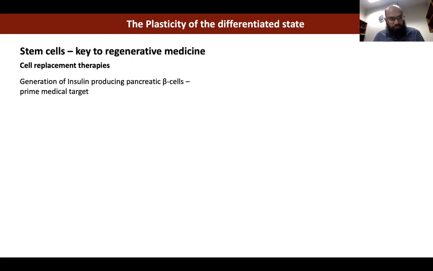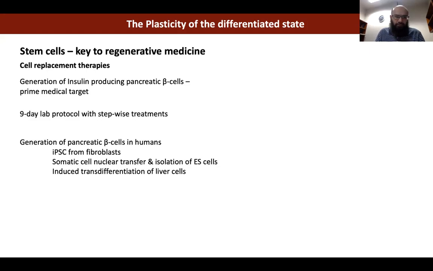So the prime medical target for cell replacement therapies is to remedy this loss of pancreatic beta cells. And it wasn't a very easy task. Previously, what people have done was to use cadaver pancreatic tissue and transplant it into patients. But though it had some success, there were a lot of immune problems and rejection problems.